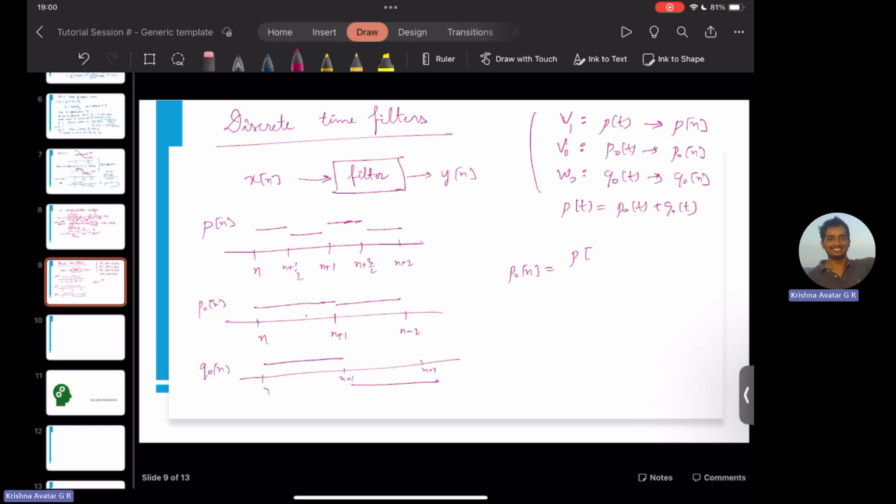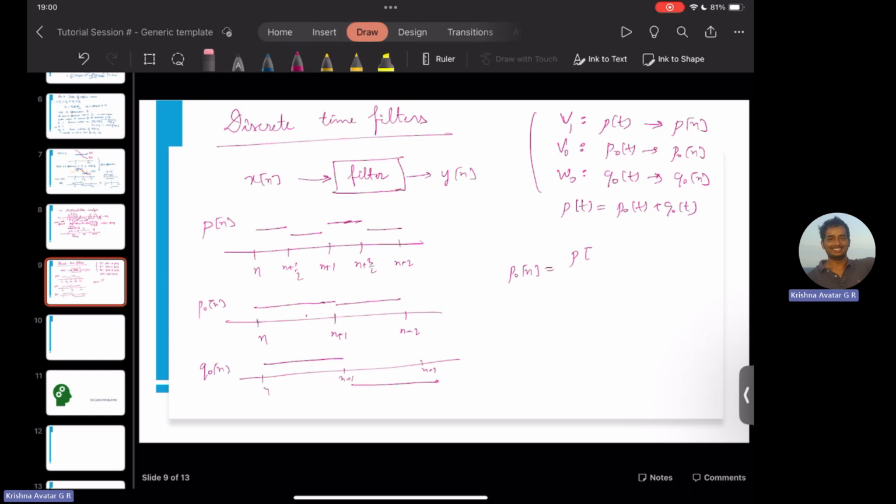Of course, we cannot have fractions as indices.